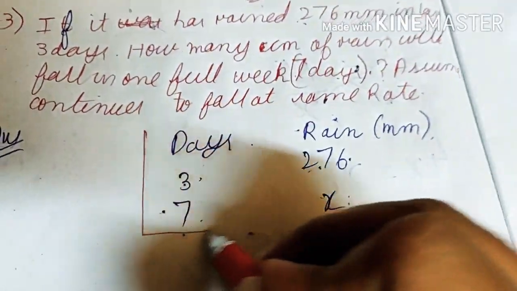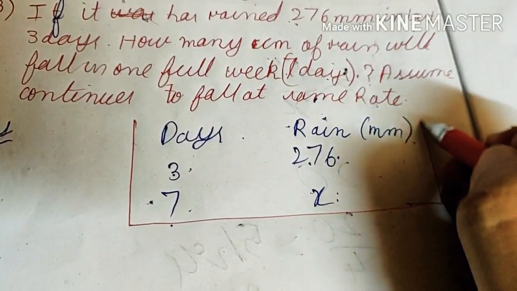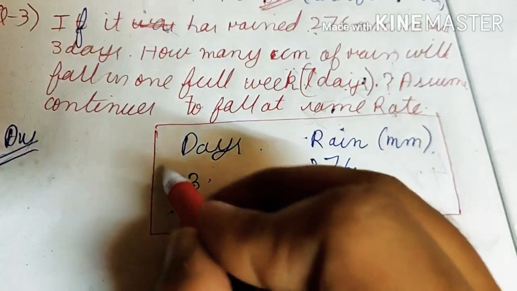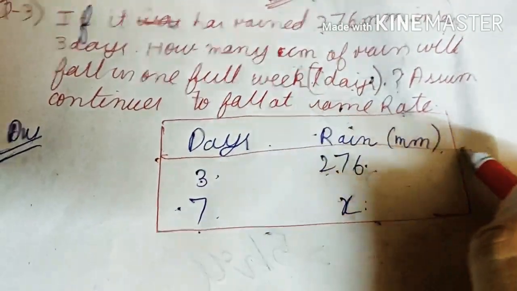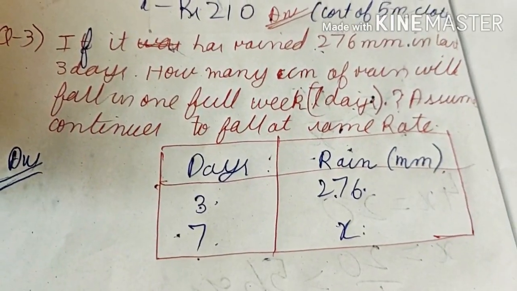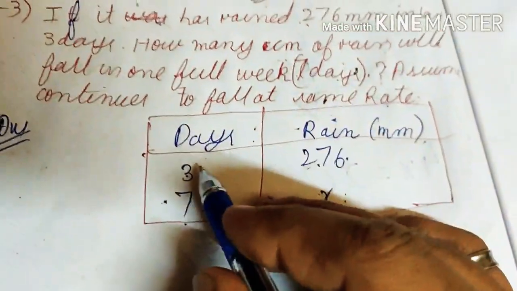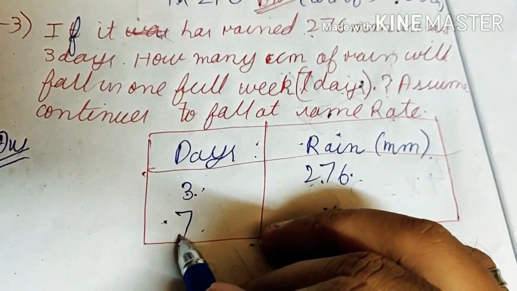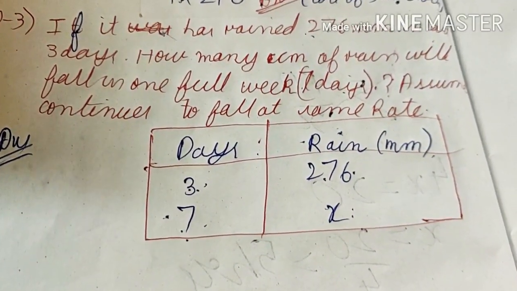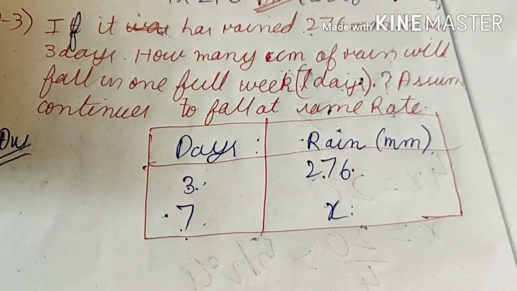So what will you do? We will construct a table here. If in 3 days it has rained for 276 millimeter, then in 7 days it will rain for x millimeter. Will it increase or decrease? Look, if the number of days will increase, definitely the amount of rain that has fallen for 7 continuous days will also increase.